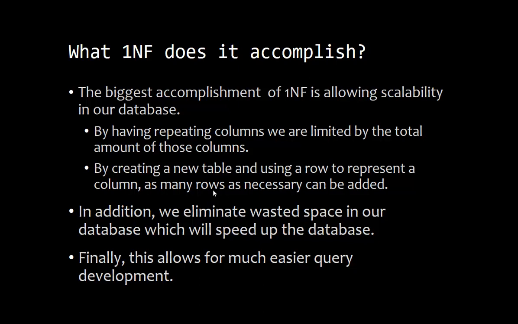And now, if Bobby Sue took 20, I would have 19 groups of data that are nothing but spaces. That's very inefficient. We don't want to just waste space in a database for no purpose whatsoever. By doing that, we just slow the database down for nothing more than being sloppy. So that's another reason for first normal form. We never want to do that.